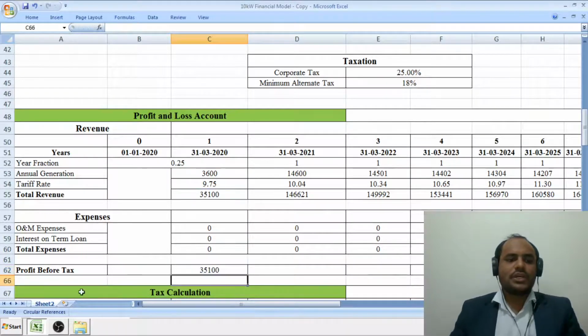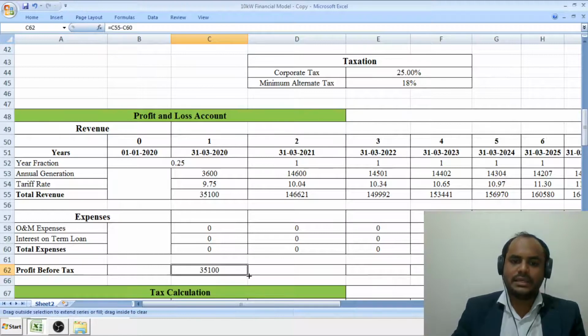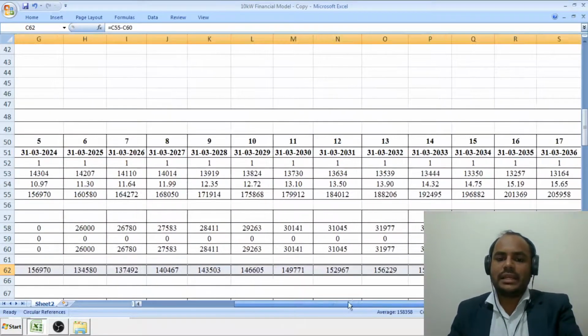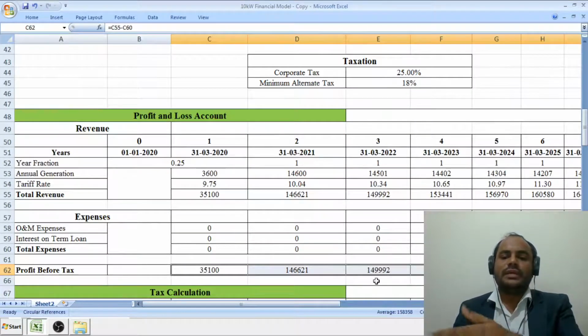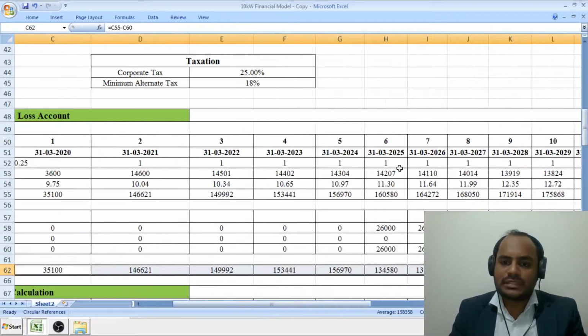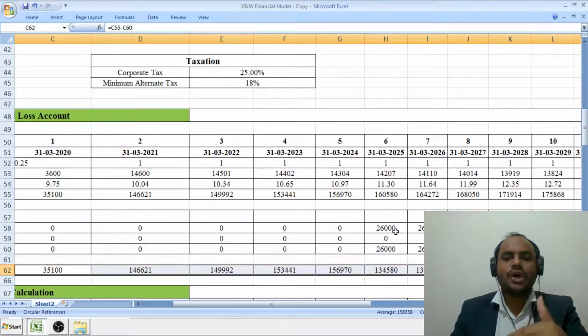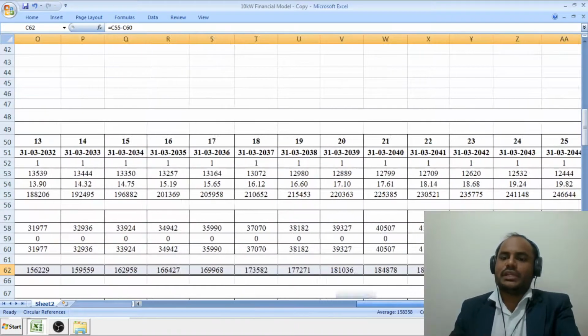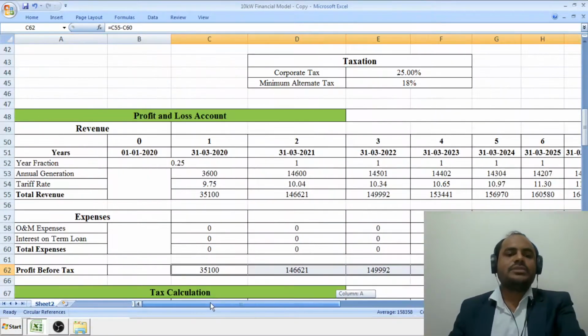In the first financial year, we are generating a profit before tax of 35,100 rupees. Up to the subsequent 25 years of the span, we can generate this much amount of profit. After the 6th year onwards, by deducting the operation and maintenance parameter, there is a slight decrease in the profit, but in subsequent years we can recover this cost as well.